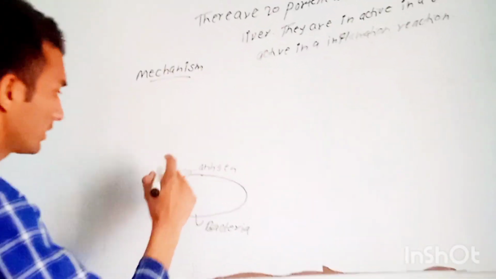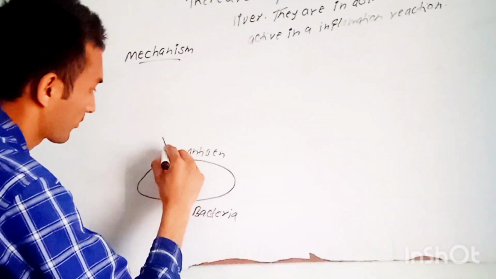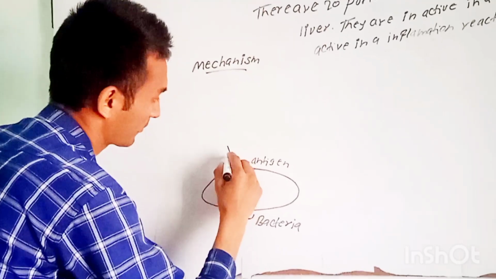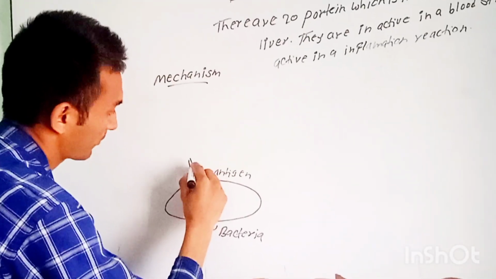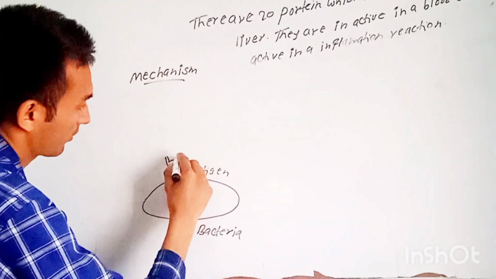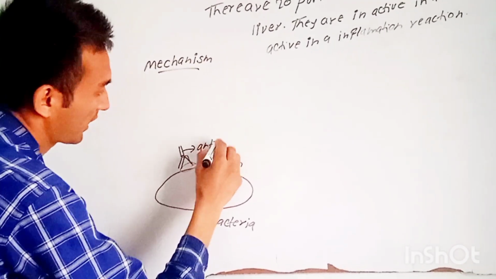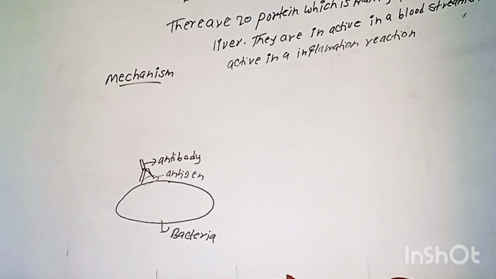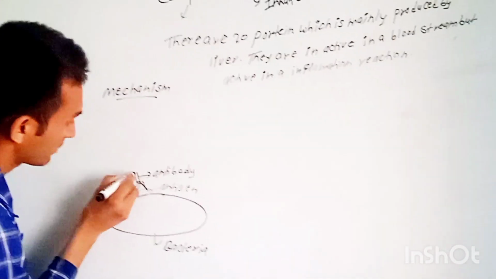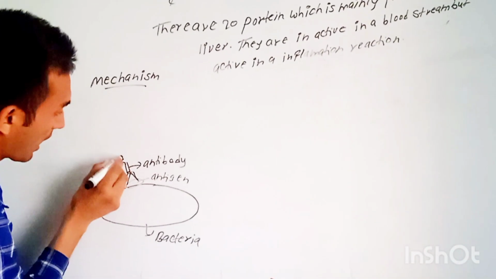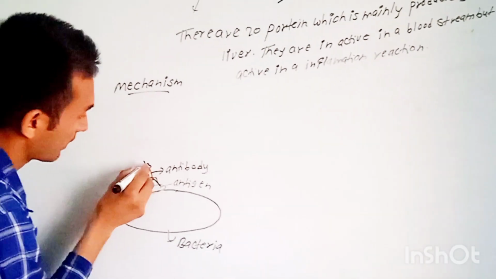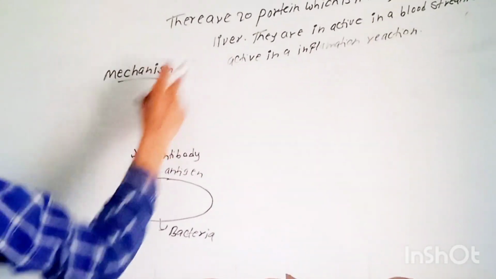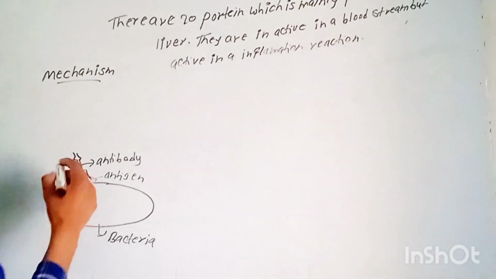When an antibody binds with the antigen, there is an outgrowth like this structure. Only then will the complement system become active and come here.